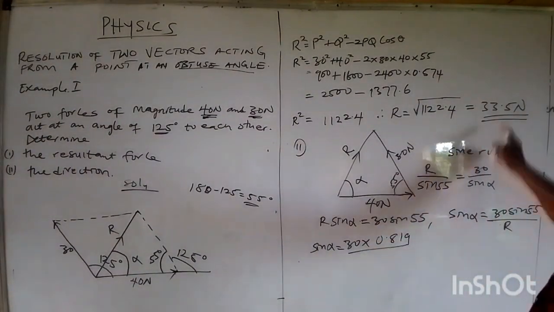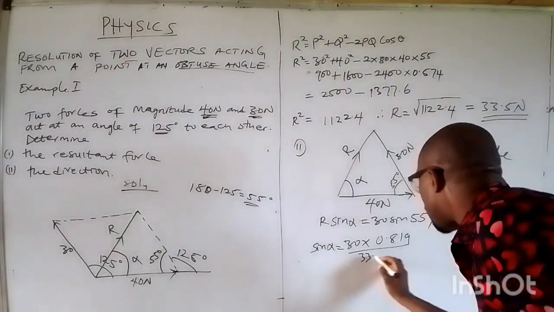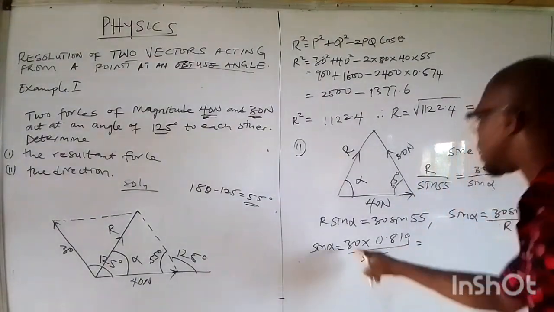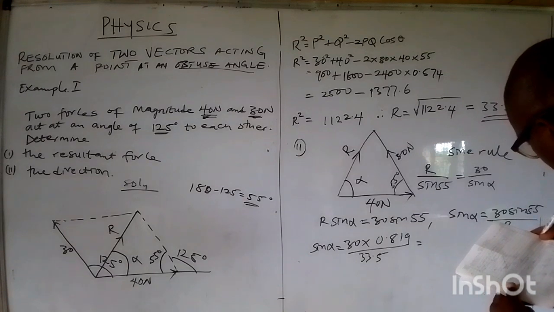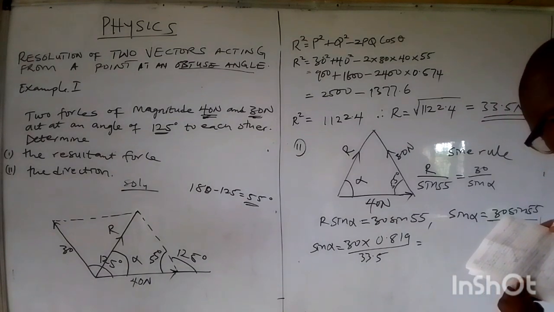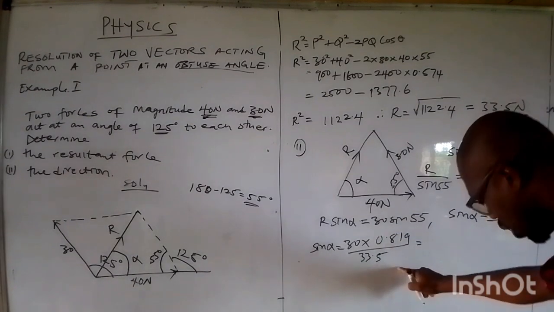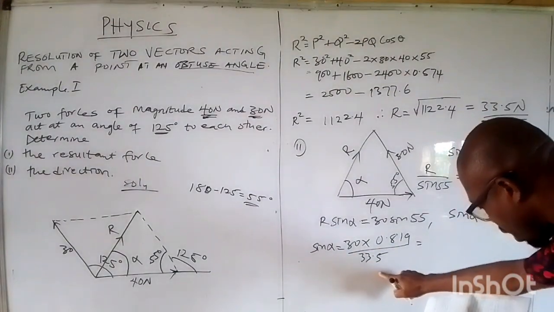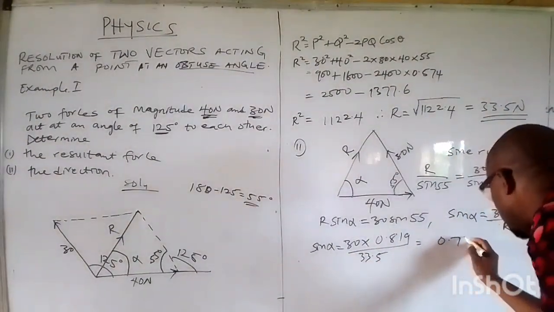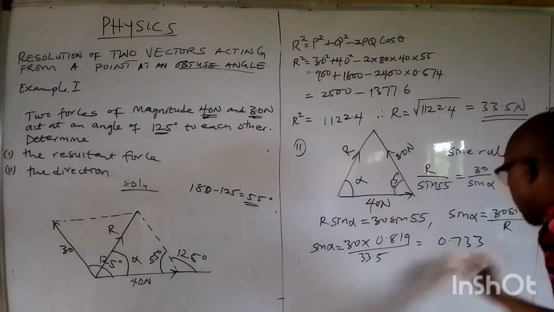If you divide over R, 33.5, it will now give us 30 times 0.819 all over this, and 0.819 times 30 divided by this will give us 0.733.